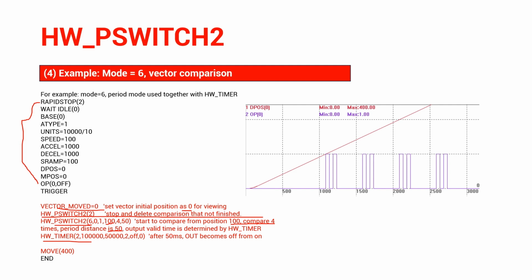Okay, it's time to run, and the waveform is formed. This 4 corresponds to 4 times. 100,000 means the period, that is 100 milliseconds. The divided width is 50,000, that is 50 milliseconds. From the time in the horizontal scale, we can see the timing controlled by the HW timer. Here, the pulse is 100, so this is position 100.